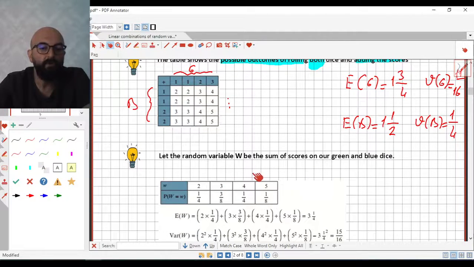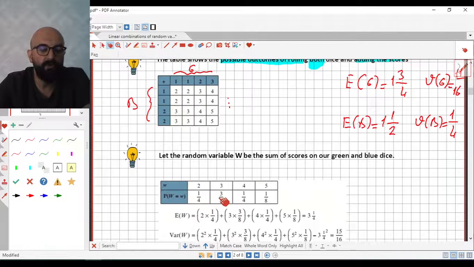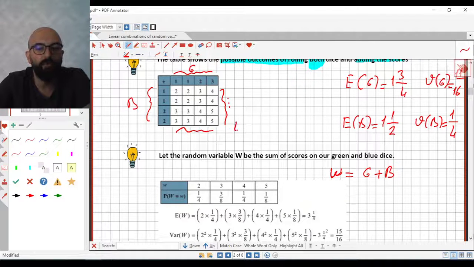If we fill out the table, for example, W means green plus blue, and we have 4 times 4, 16 outcomes.